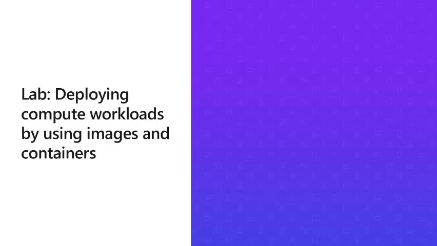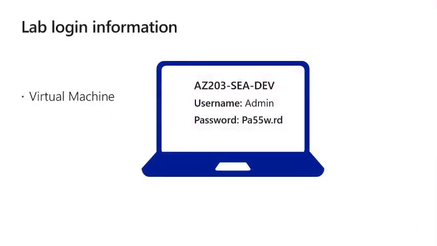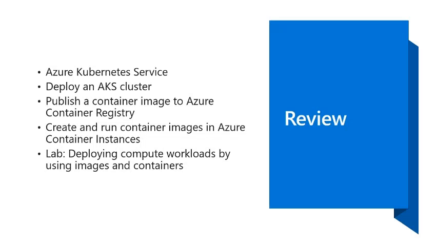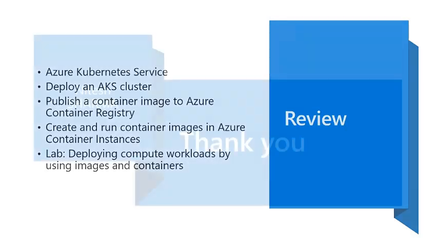You can find them in this Azure AZ-203 playlist, or you can do them yourself. To review what we did: Azure Kubernetes Service, deploy an AKS cluster, publish container image to Azure Container Registry, create and run container images in Azure Container Instances, and we did not do the lab.